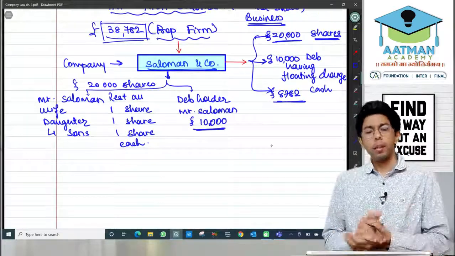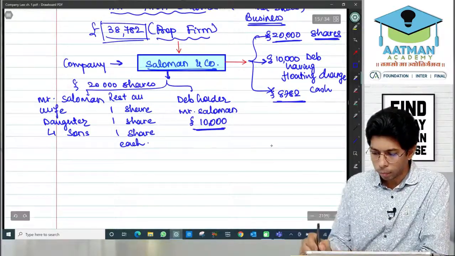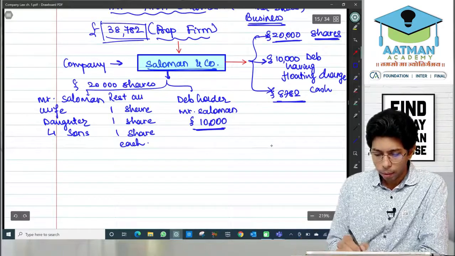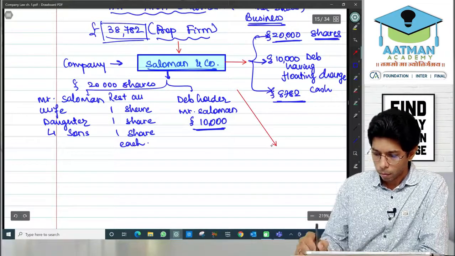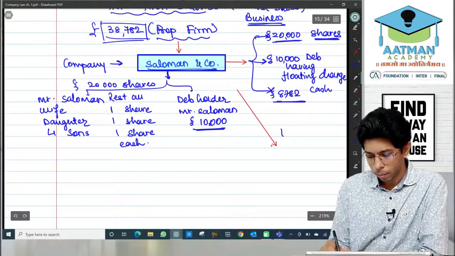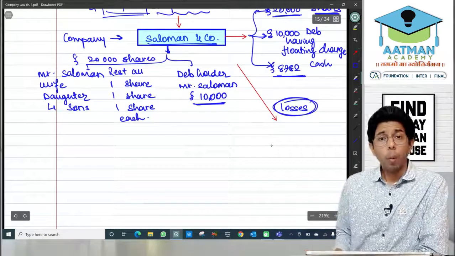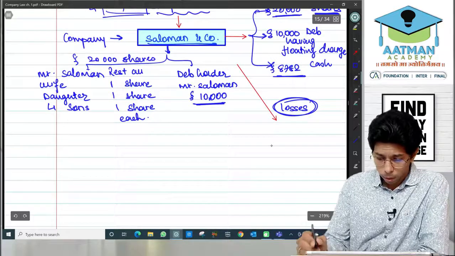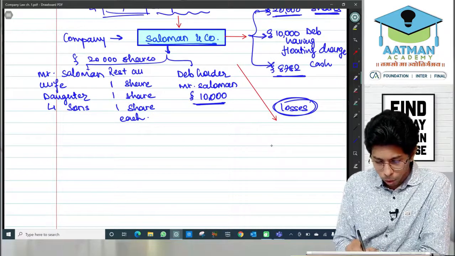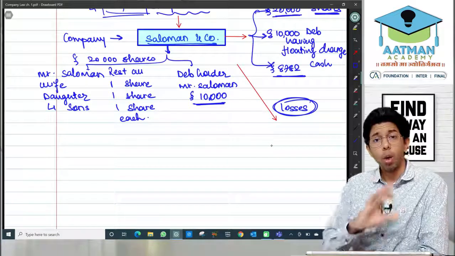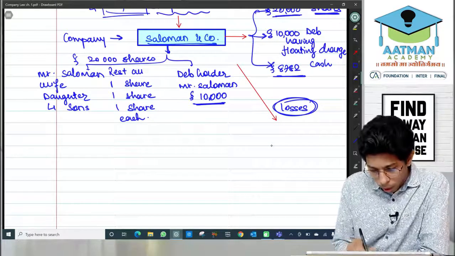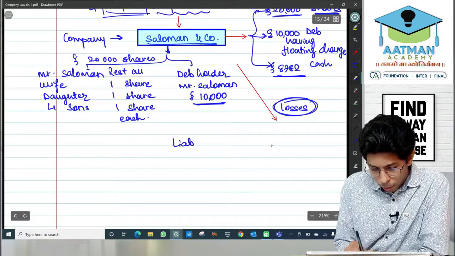Gradually, this business runs into difficulty and suffered a loss, and a position came which happened due to this company's liabilities.